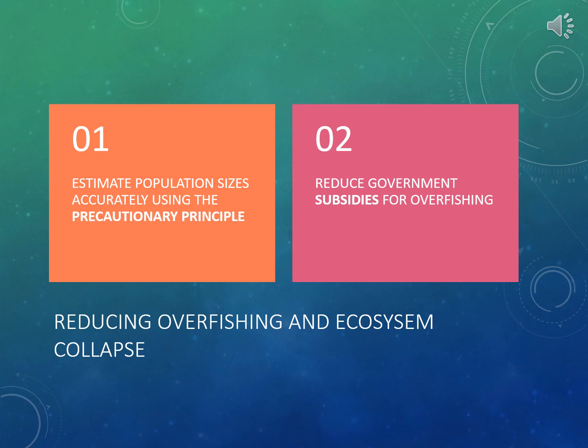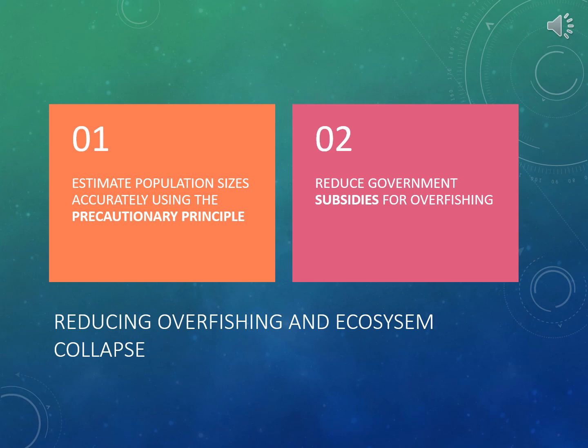Remember, the maximum sustainable yield says this is the theoretical number of organisms we can harvest and still maintain a population that can replenish itself. The precautionary principle requires us to use less than that, putting us at the optimum sustainable yield. By estimating population sizes and assuming that we have an estimate that is too large, we can make sure that we are using less than what we actually could, but enough to meet our needs.